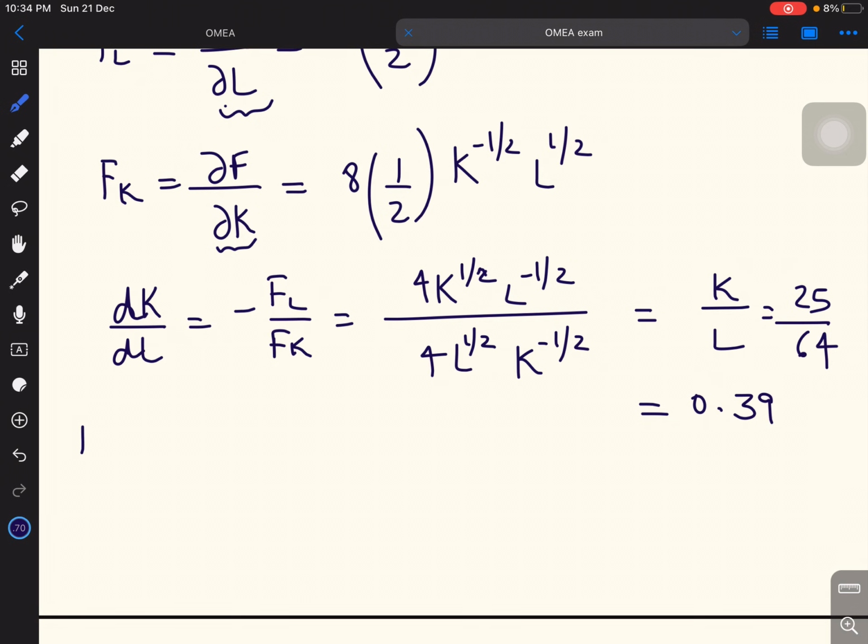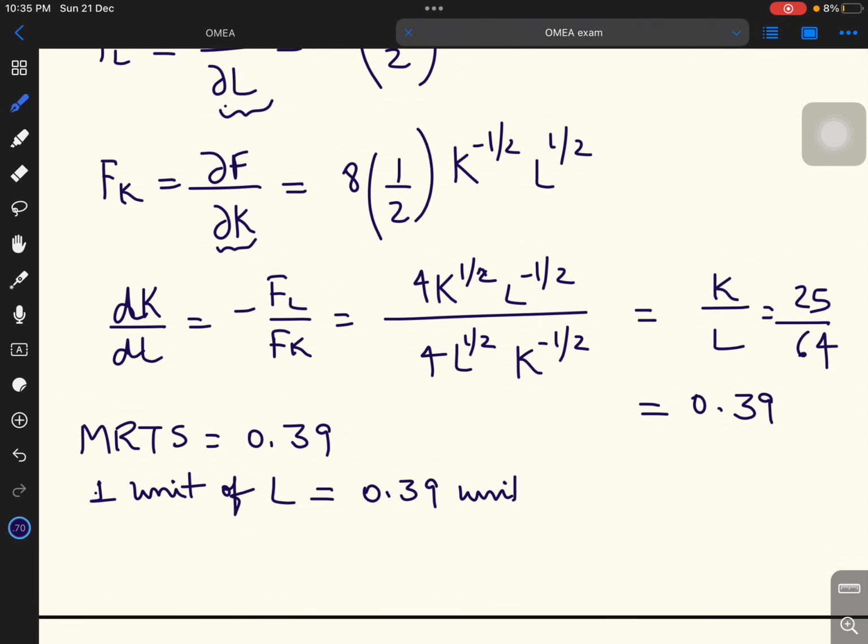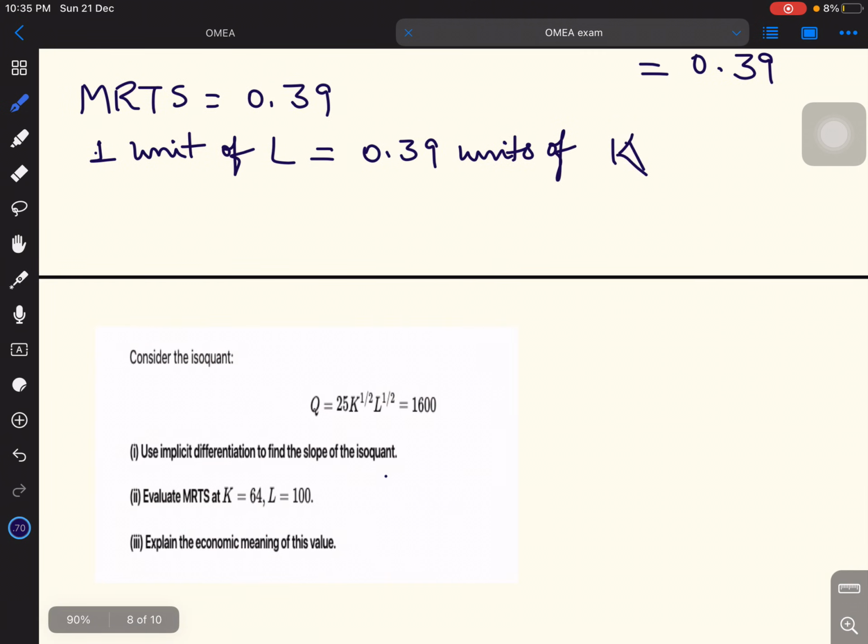Now MRTS, the marginal rate of technical substitution, is 0.39, which means that 1 unit of labor can be replaced by 0.39 units of capital without changing the output. This is the economic meaning of this term.